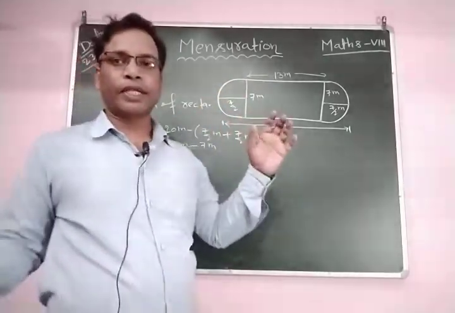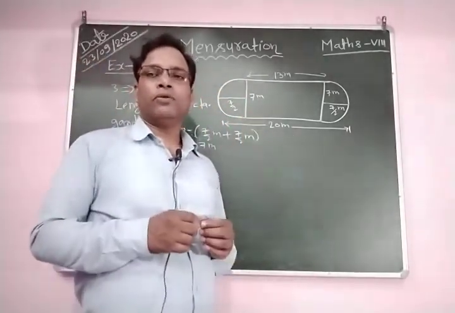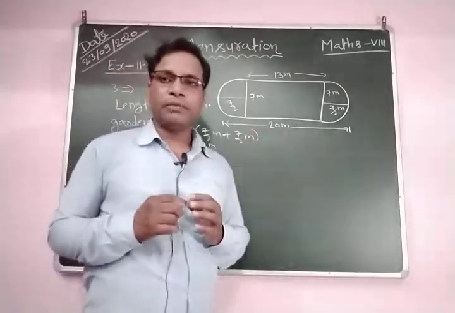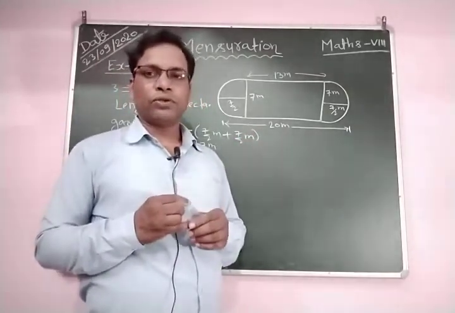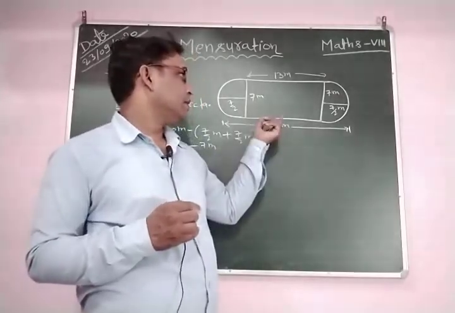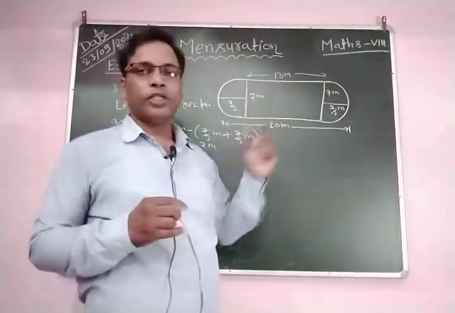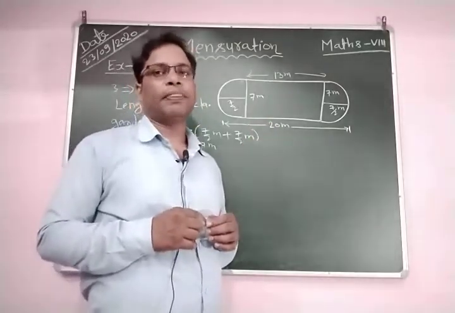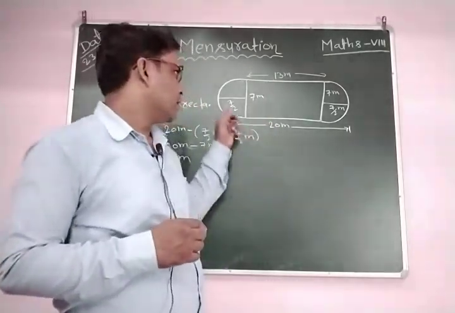Then we meet them together and obtain one circular shape. So what is the perimeter of the circular shape? 2 pi r, and this is 13 plus 13. So in this way the perimeter of the garden is 13 plus 13 plus 2 pi r, and r is 7 by 2.